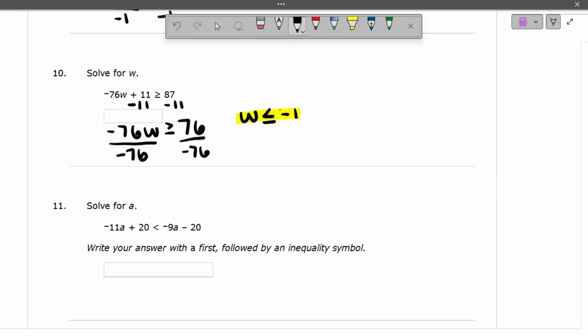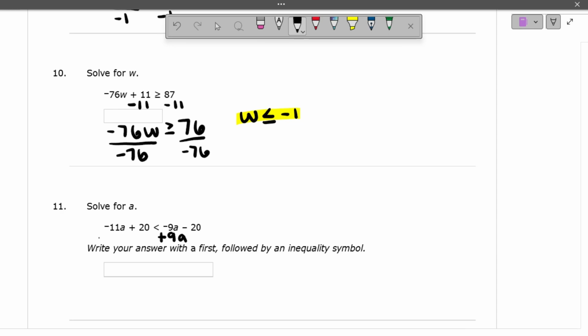All right, moving on to 11, solving for a. We just have a few more steps than usual this time. We have a's on both sides of our inequality. So let's try to get our a terms on just one side. Since I like to have the variable on the left side, I tend to like to move it to the left, but that is just up to you.